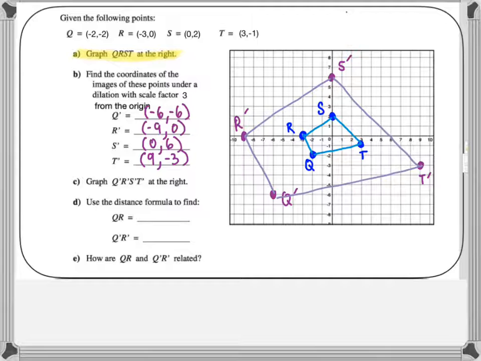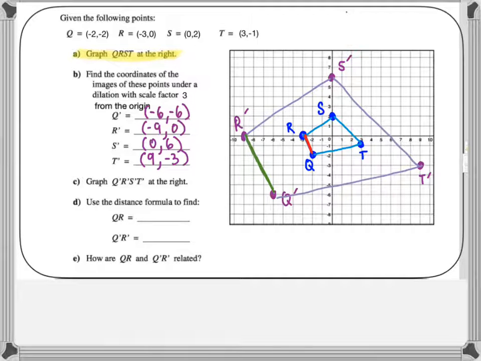Okay, so now it wants us to use the distance formula. So I'm going to do these in a different color. So the distance formula of QR. We've got to find the distance of that, and then we want to find the distance of Q prime R prime.